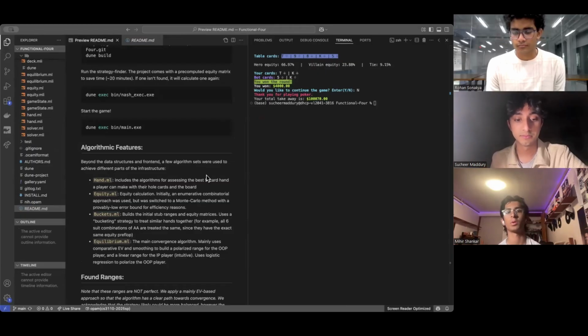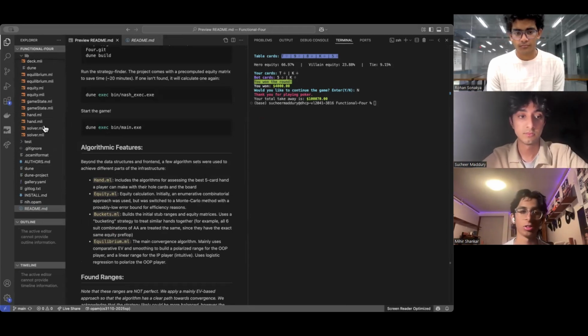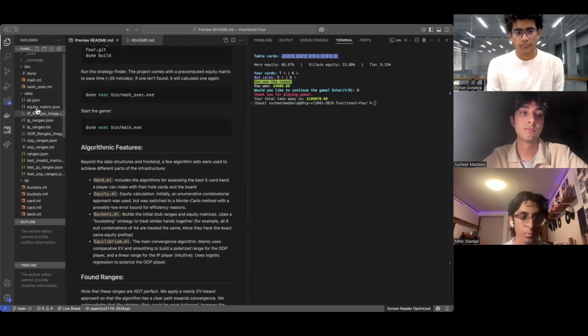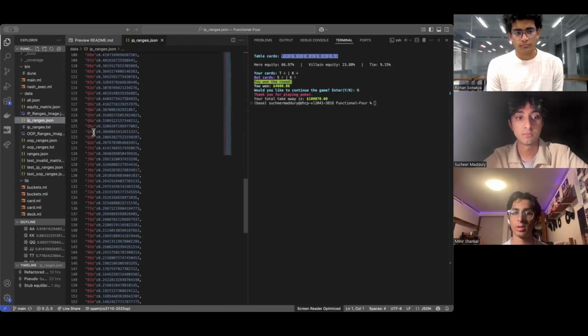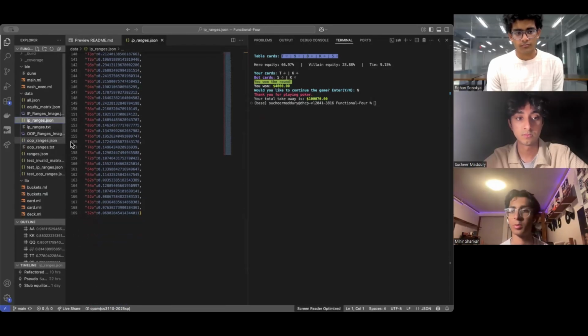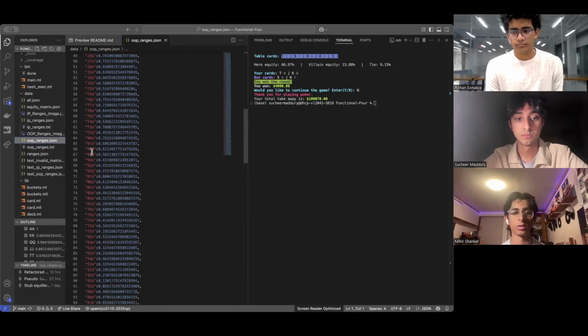All right. Thank you, Sucheer. So, one of the things you'll notice is that the ranges themselves are outputted in both an in position JSON file and an out of position JSON file. In position stands for the person who shoved, and out of position stands for the person who's receiving it.